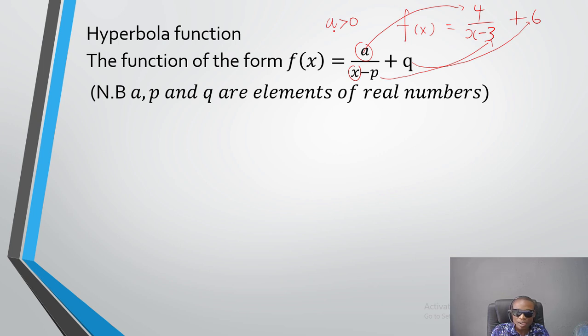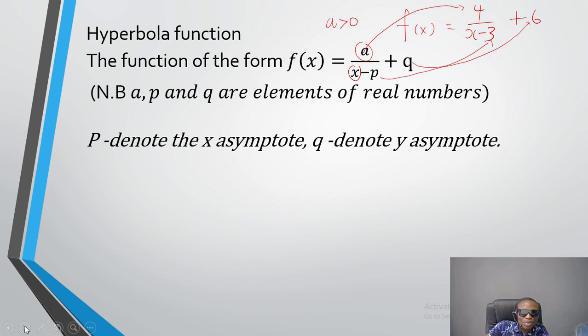Now, p and q represent our asymptotes. That's where we are going to find them. The hyperbola function has what we call the x asymptote and the y asymptote. I will still explain these ideas. Don't worry, just relax and enjoy your maths. p denotes the x asymptote, q denotes the y asymptote.